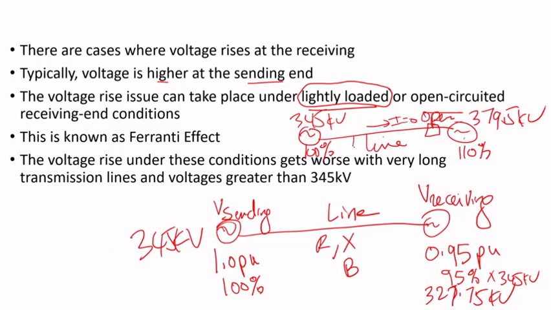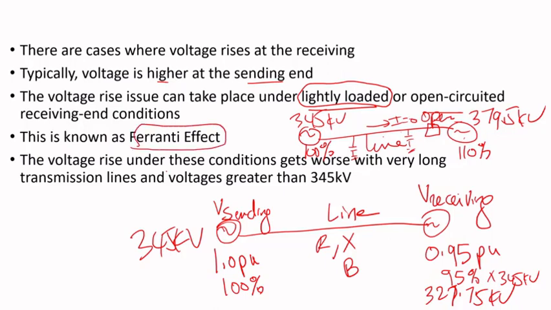The problem is you have that shunt reactance or susceptance, because you're going to have a lot of them, so you're going to have some capacitive current basically flowing through the line, even if the load current is 0, which leads to voltage rise basically. So this is known as Ferranti effect.